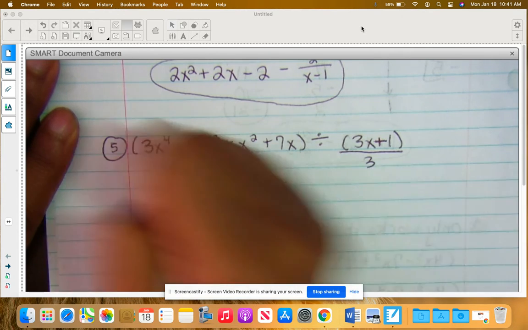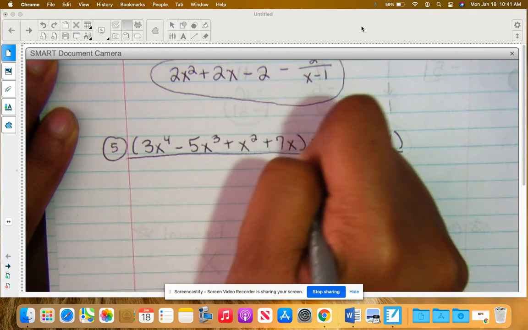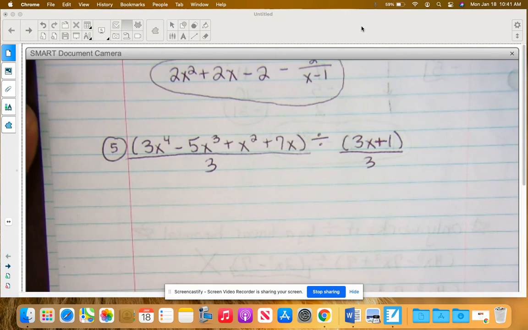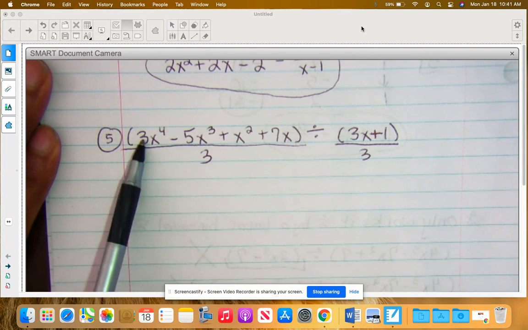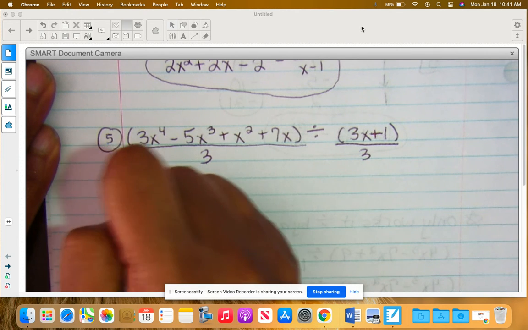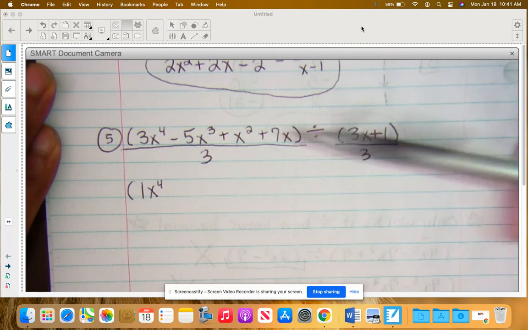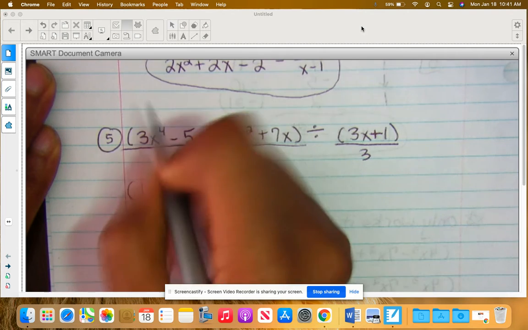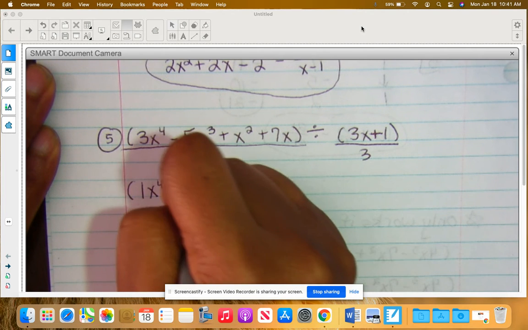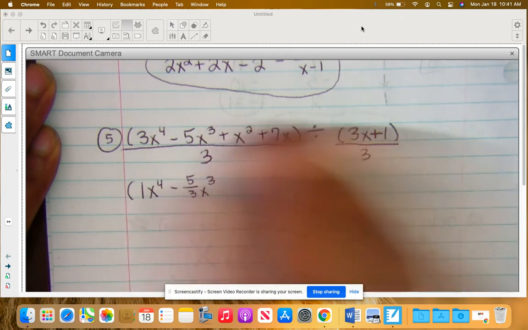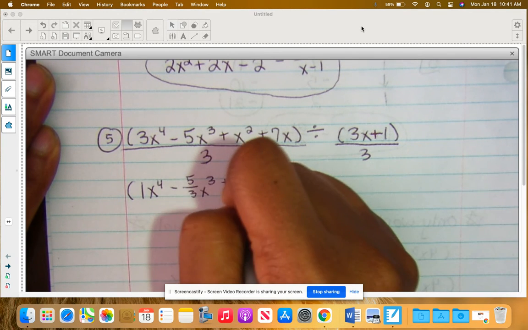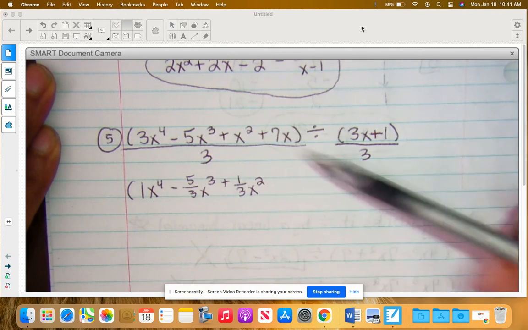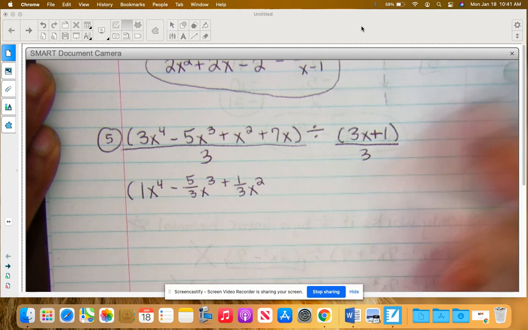So now my problem becomes 3 divided by 3, I got 1x to the 4th. Negative 5 divided by 3, I got a fraction, but that's okay. 1 divided by 3, I got another fraction. 7 divided by 3, I got another fraction.